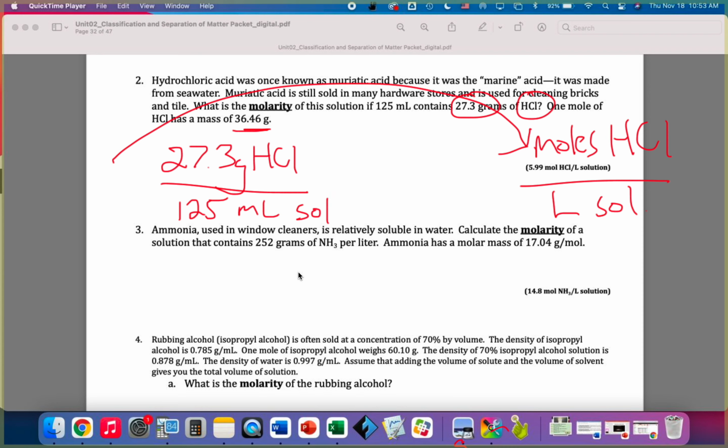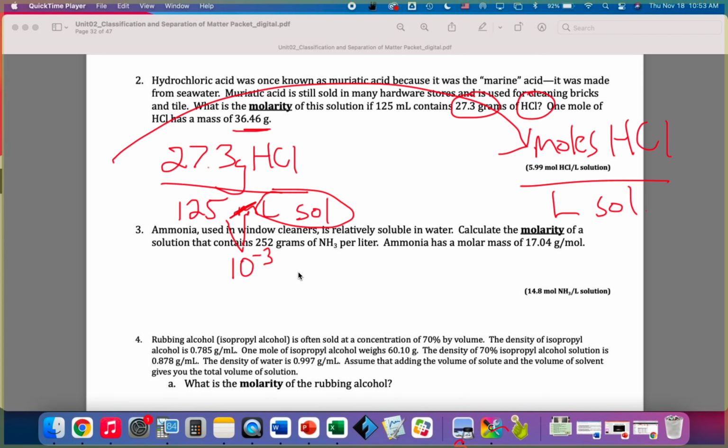I think the easiest way to fix this problem is just to get rid of the milli, because I want liters of solution, but to get rid of milli, you'll have to replace that with what it represents. My pen's dying here. 10 to the negative third. Okay, so then we're in liters of solution on the bottom.